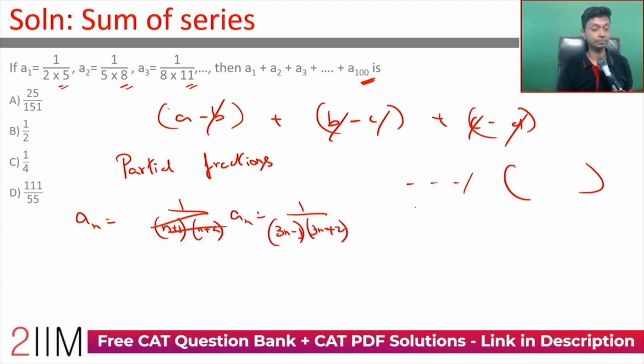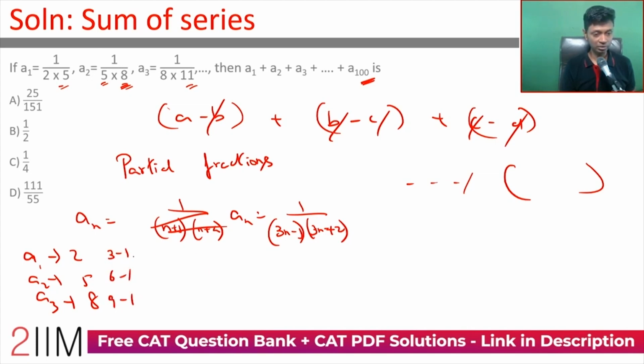This is AN. First term is 1 by 2 into 1 by 5. Why 3n? Because this goes up in steps of 3. So these are anchoring around multiples of 3. I'm going to link A1 to 2, A2 to 5, A3 to 8. What is this sequence? This is 3 minus 1, 6 minus 1, 9 minus 1.